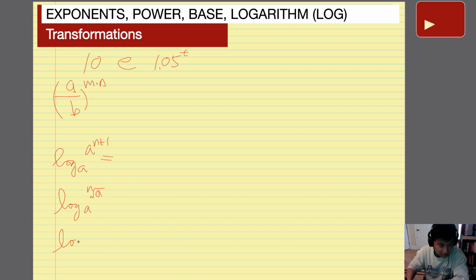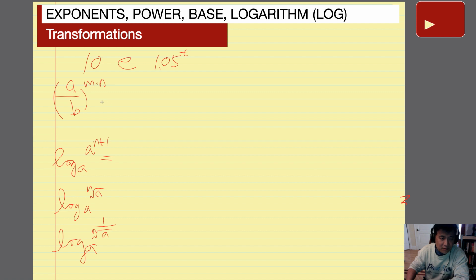And the last one we're going to look at is log base a of 1 over a to the root of n. Okay. I will give you some time to look at this and we'll review the answers.